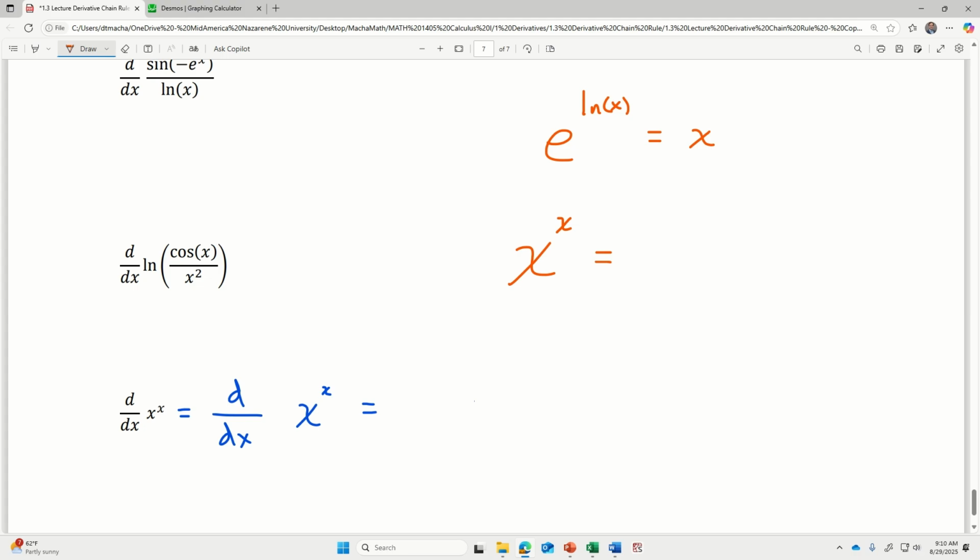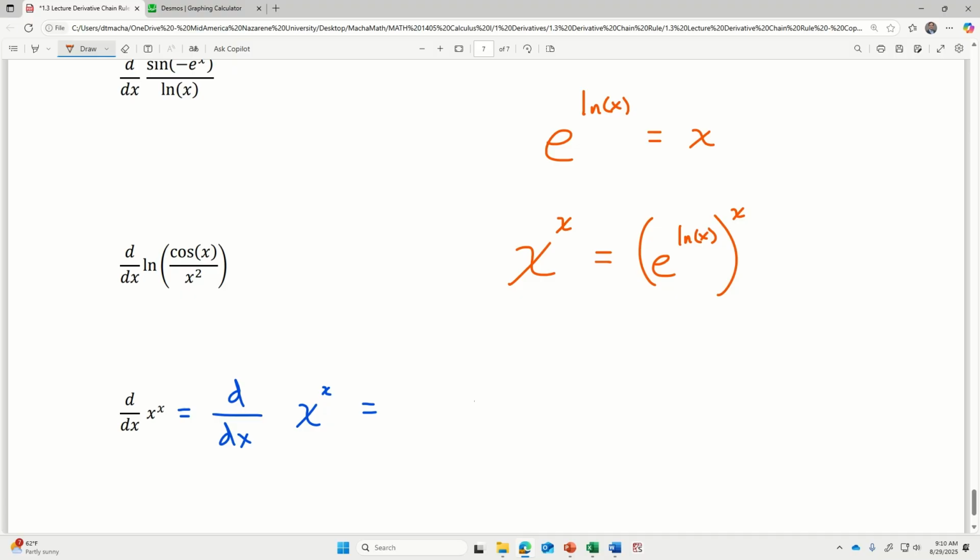So this is the same. Now, back here, I can write e raised to the power natural log of x, raised to the power x, because it's still x to the x.